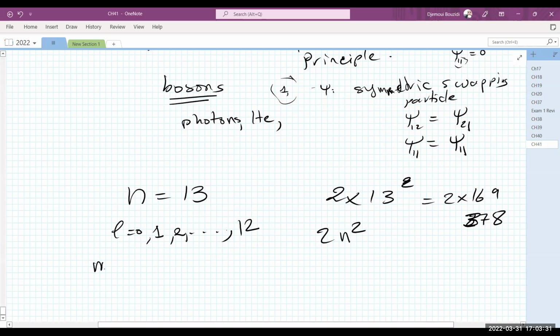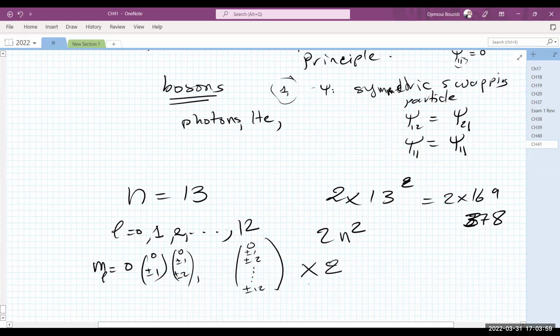So ml then can be 0, or 3 values in this case, 0 and plus or minus 1, or 5 values, 0, plus or minus 1, plus or minus 2, or 7 the next time around, or in here I have a bunch of them, 0, plus or minus 1, plus or minus 2, all the way to plus or minus 12. So all of these are potential values times 2, hence that number that I was talking about, because in each one of these states I can have a spin up or spin down particle.